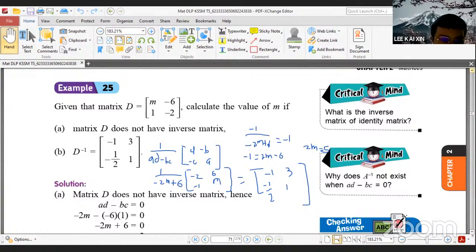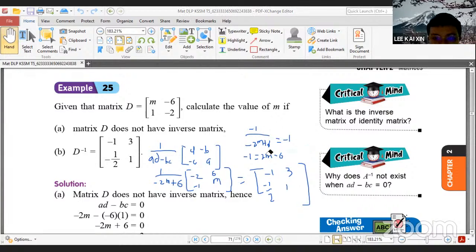Okay, 1 over AD minus BC, you get AD, negative B, negative C. Sorry, what am I doing?